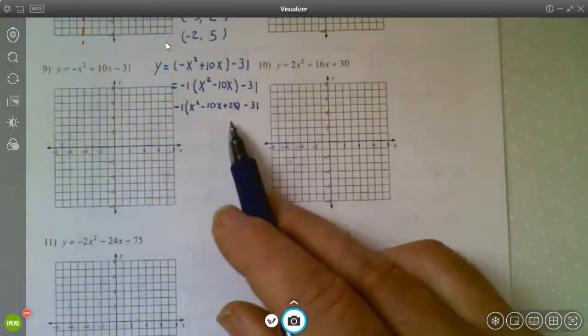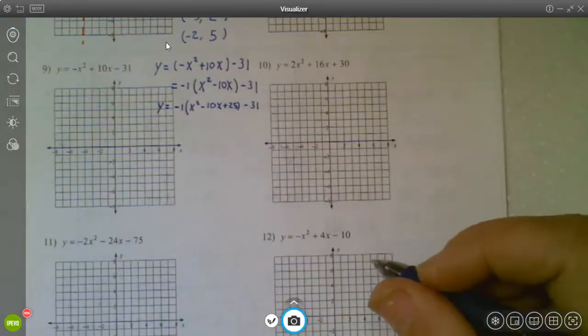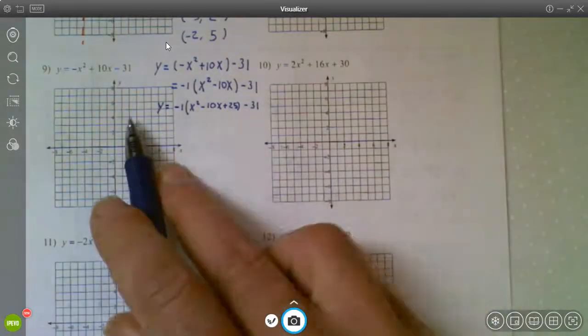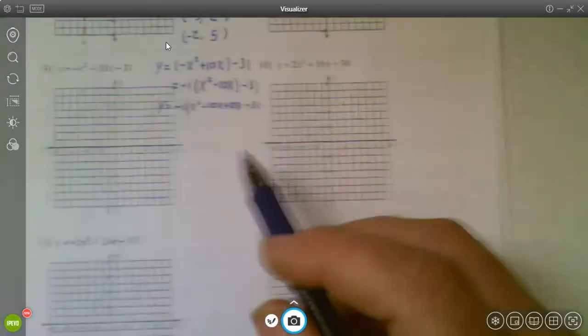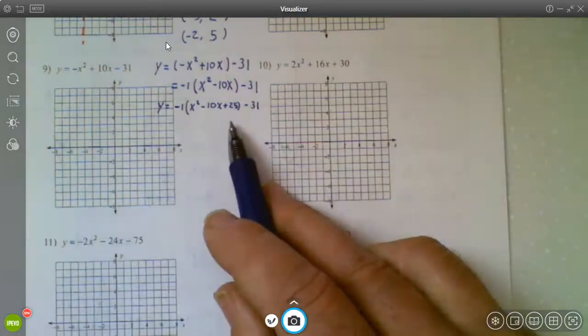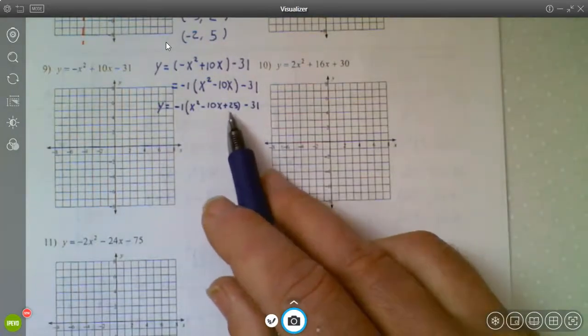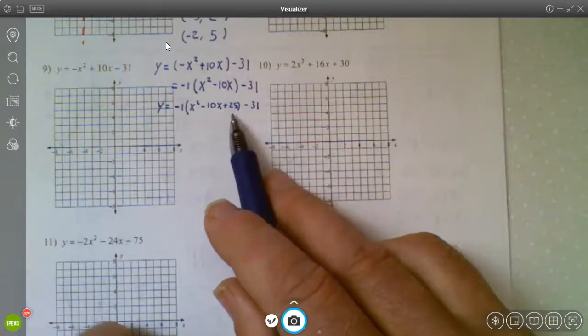So remember, what you're seeing on this right now is y equaling all this stuff. So whatever you do to the right side, you also have to do to the left side to keep it balanced, right? So what did we really just add to the right side of this equation? And be careful, because most people are probably going to say, well, I just added 25, right? But here's what we have to be careful on.